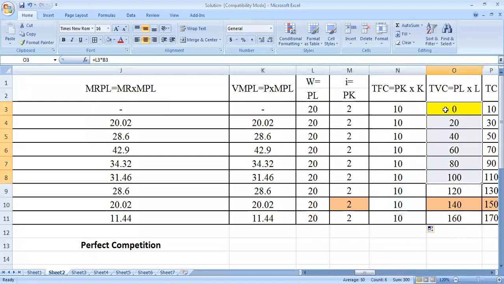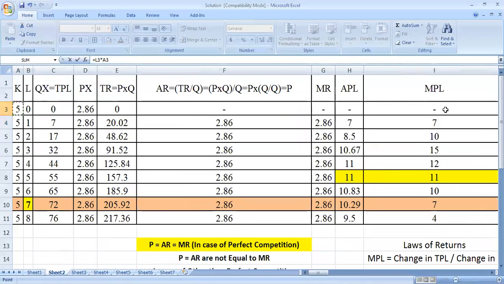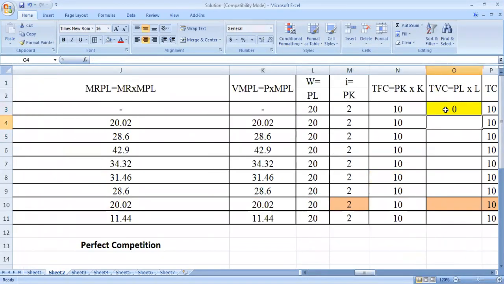Now look at the column of variable input. If you would like to find out variable cost, how do you find the value? You need to multiply the price of variable input, which is wages, which are 20, with the units of labor or variable input. So when you multiply 20 with 0, the answer should be 0, right?